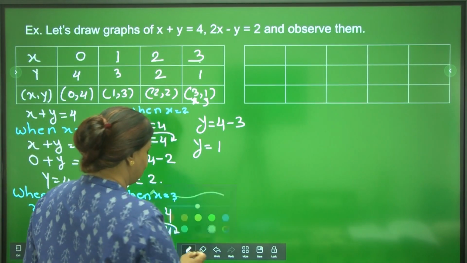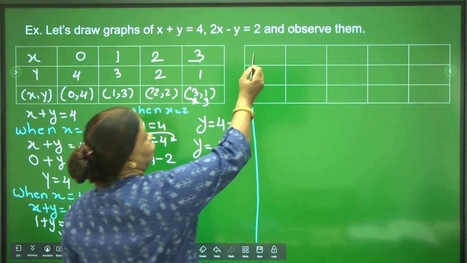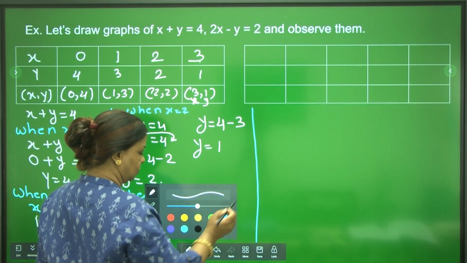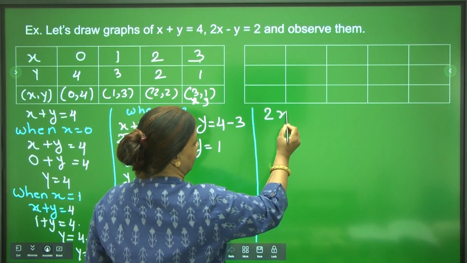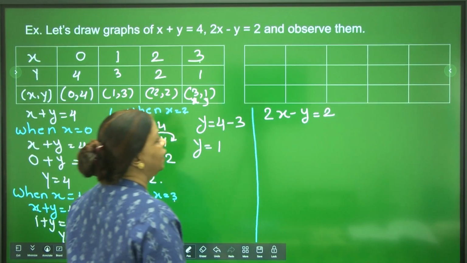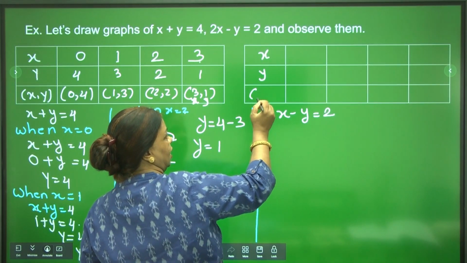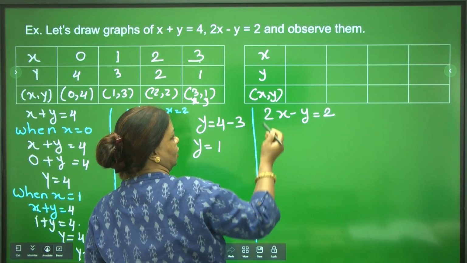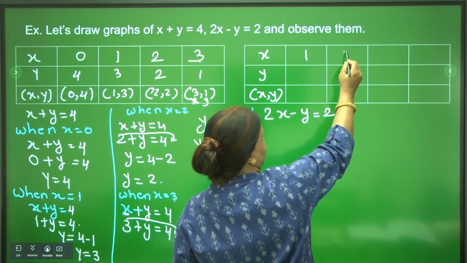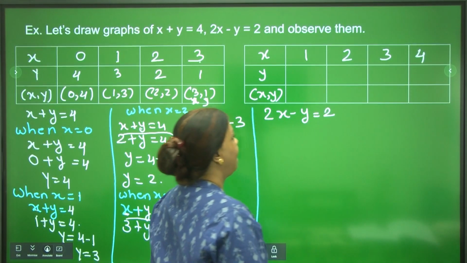Now my second equation is 2x minus y is equal to 2. Let me take x coordinate, this is y coordinate, x and y. So we have to assume, take any number 1, 2, 3 or 4, x.